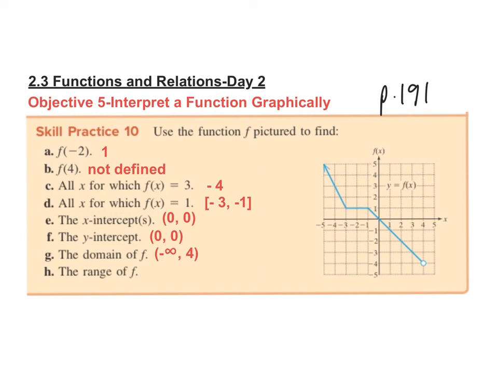Okay, and so when it's less than 4, it goes to negative infinity. Biggest value is at 4 or right about 4. That's why we have the parenthesis because of this open circle. And then the range, the smallest value is going to be negative 4, and it's going to go up. Okay. How many had the domain and range right? Good. Okay. Questions about this?